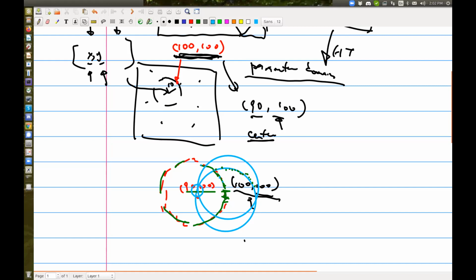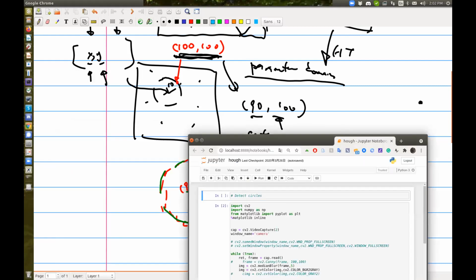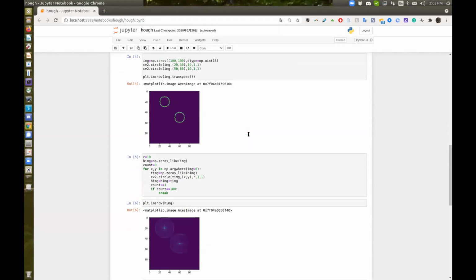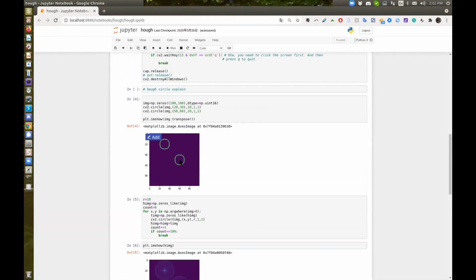Let me pull it up. Yeah, okay, it'll be something like that. So as I said, let's say these are two circles here. They don't look like very good circles.